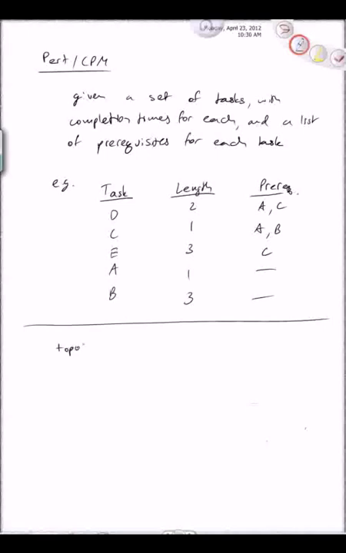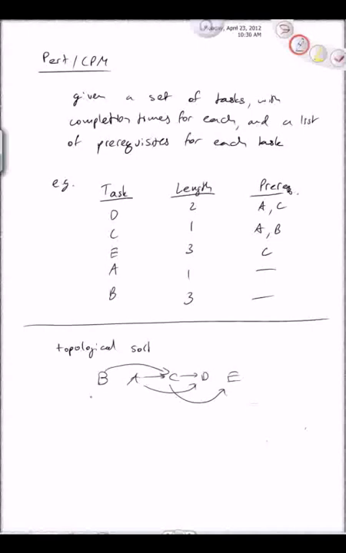So a topological sort here would look something like this, maybe B, A, C, D, and E. And then the prerequisites would be, for example, D has a prerequisite of A and C. So A and C are prerequisites to D. C has a prerequisite of A and B. And E has a prerequisite of C. And that's pretty much all of the prerequisites that we have.